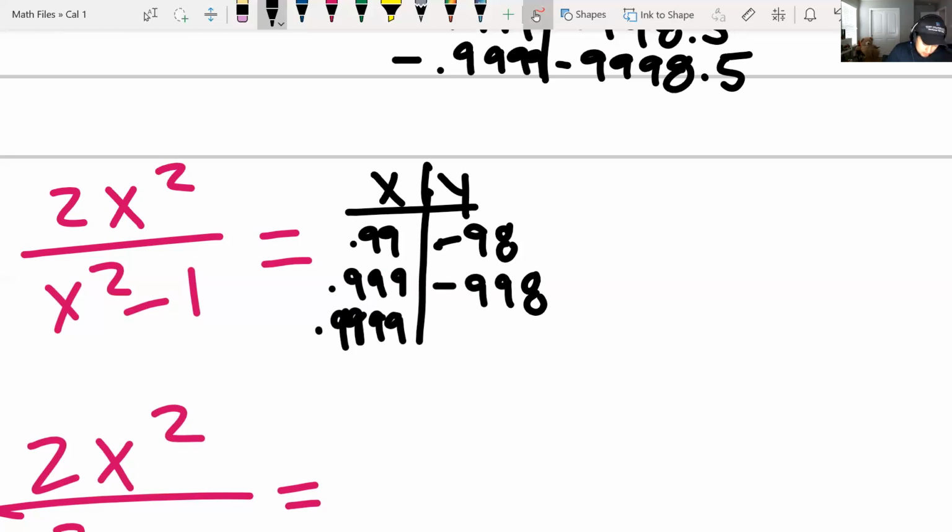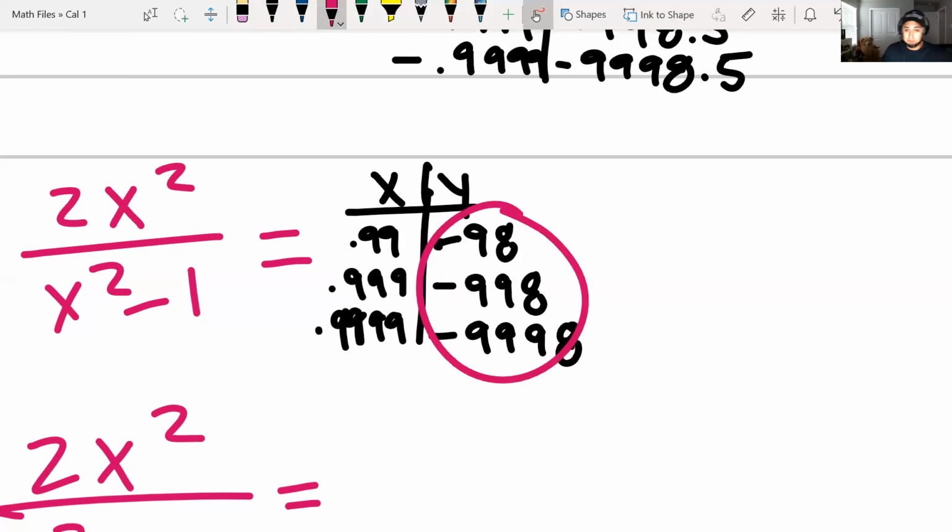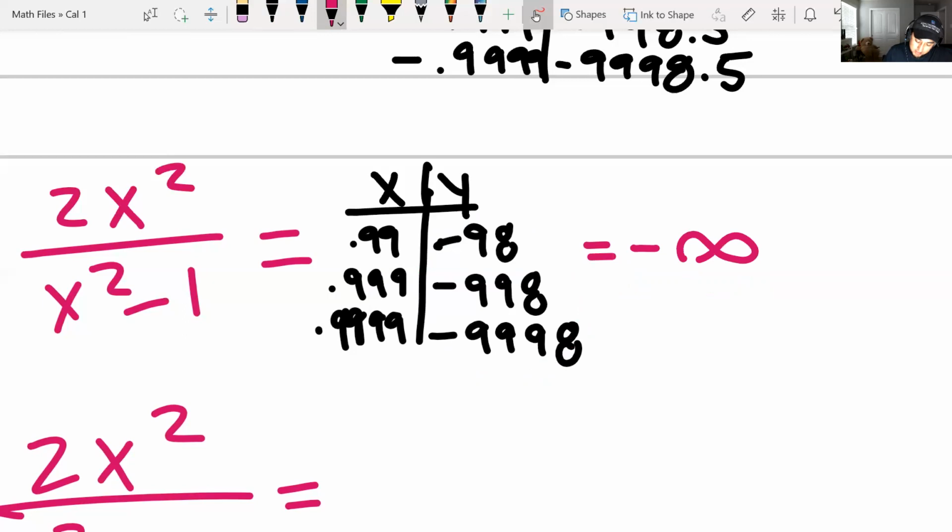And then 0.9999 gives me -9,998. So again, just like the above, these values, as I get closer and closer to 1 from the left, are headed towards -infinity. So we get -infinity.